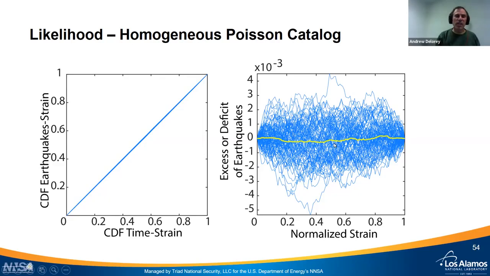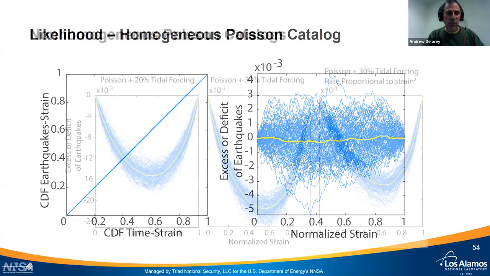And what you can see is that it's very close to a horizontal line, which is what we expect. That means that there's no relationship between the tidal strain and the occurrence of earthquakes. So in a Poisson catalog, that's what we would expect. This is a synthetic catalog, and I didn't put any tidal component into it.